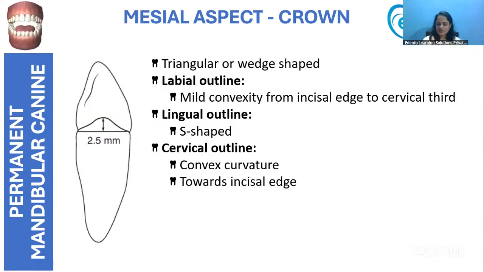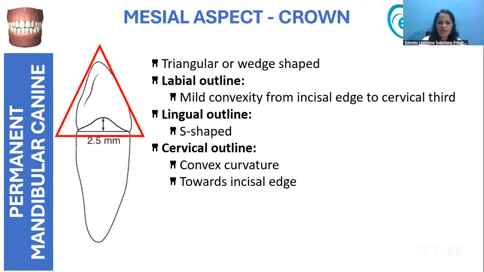Now, looking at it from the mesial aspect, it will be triangular or wedge shaped, and the base of the triangle is towards the root, and the apex of the triangle is towards the incisal edge. This is the labial outline, and this is the lingual outline. In the labial outline, there will be a mild convexity from the incisal edge to the cervical third.